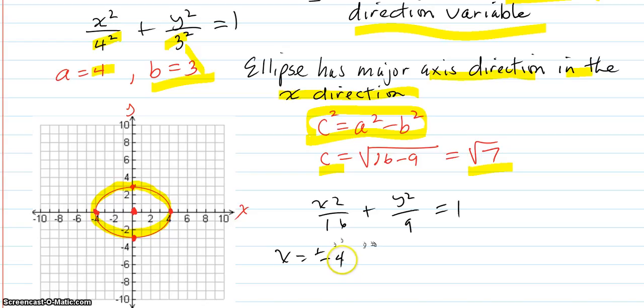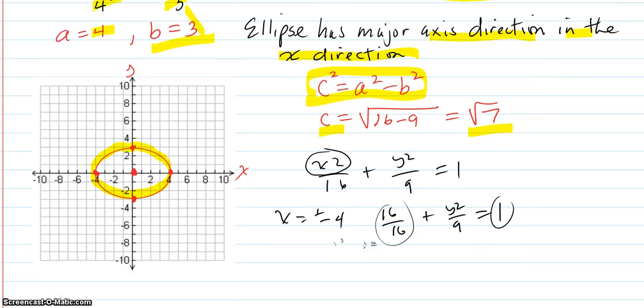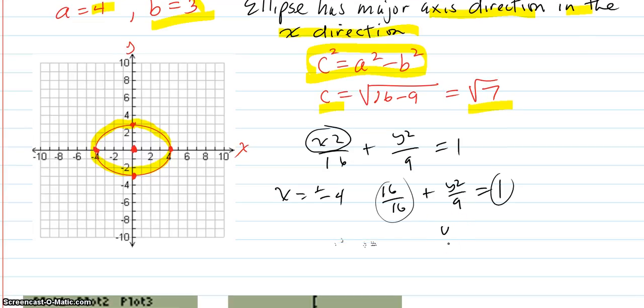If x is plus or minus 4, then that's going to be 16 over 16 plus y squared over 9 equals 1. So these cancel off, 1 and 1. So that means that y squared over 9 has to equal 0, which means y has got to be 0. So that's working. That point there is 4 comma 0. This point here is negative 4 comma 0.